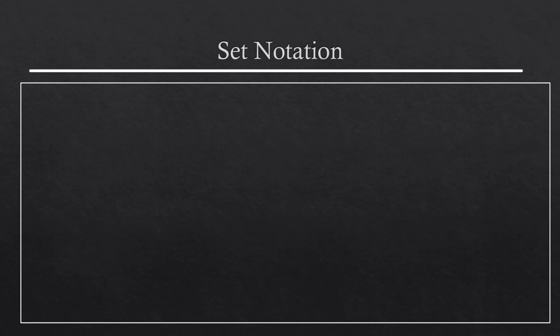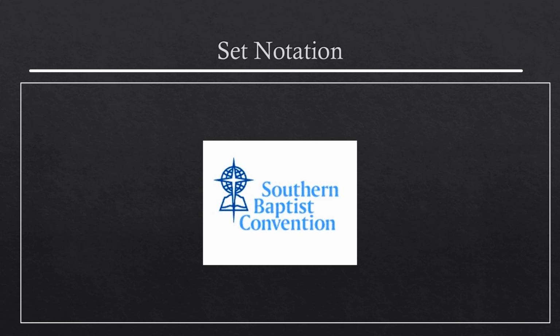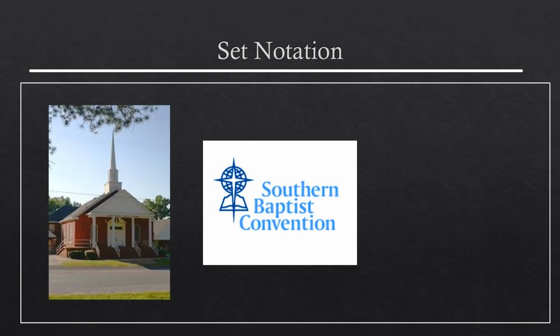Set notation. I want to take a look at a definition of sets based on something that you'll be familiar with. Let's talk about the Southern Baptist Convention. The Southern Baptist Convention is made up of autonomous churches. For example, this is Sweetwater Baptist Church, a small church in rural Alabama.